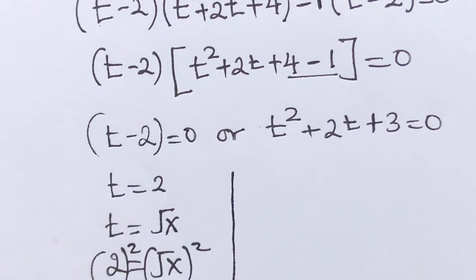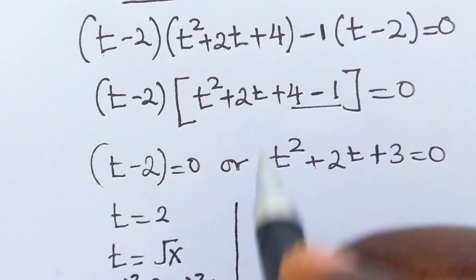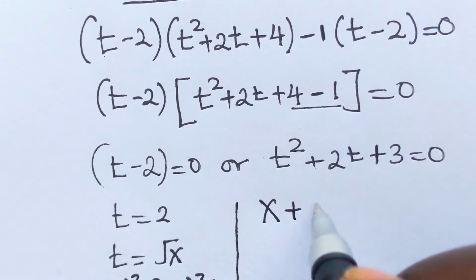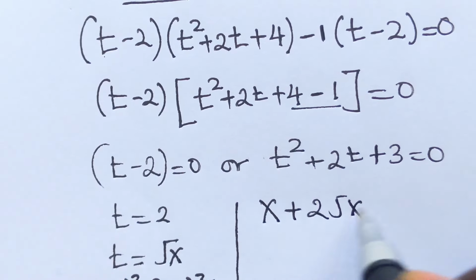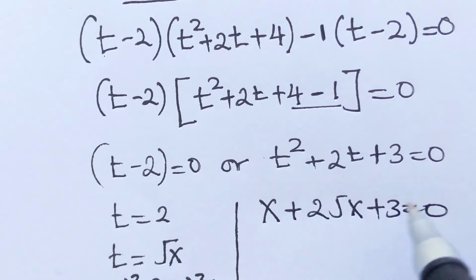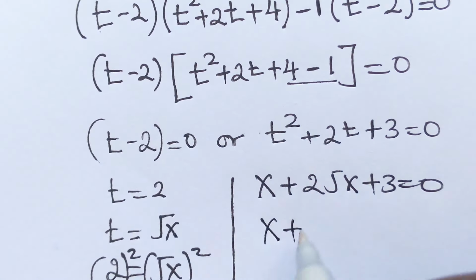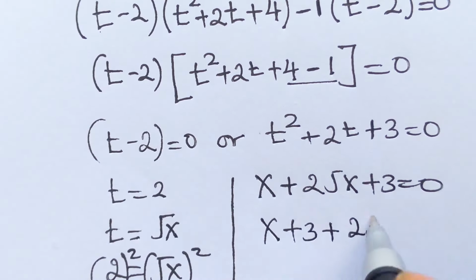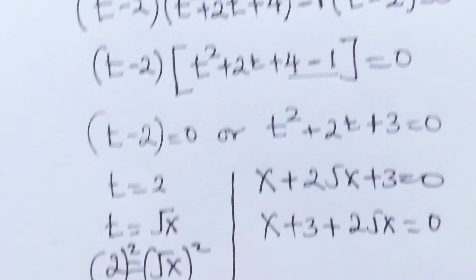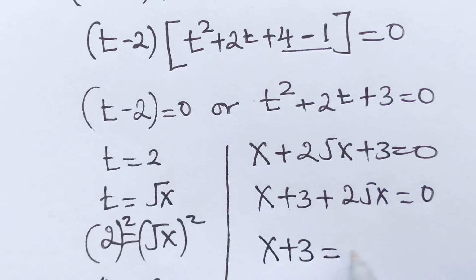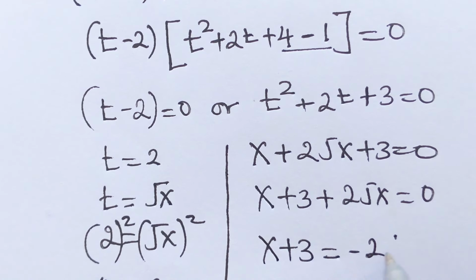We are going to solve this. We have seen that t squared is equal to x, meaning x plus 2 square root of x plus 3 is 0. So x plus 3 plus 2 square root of x is 0, and then x plus 3 is equal to negative 2 square root of x.